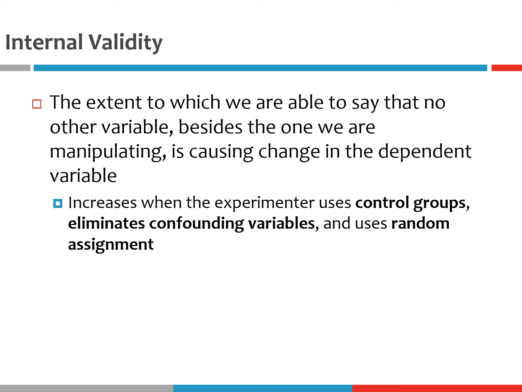So if you guys think back to your first homework assignment where I gave you all of those little descriptions of experiments and correlational studies, and you had to indicate what some of the limitations of the study were. You might remember the study that was looking at the effect of caffeine on memory, right?